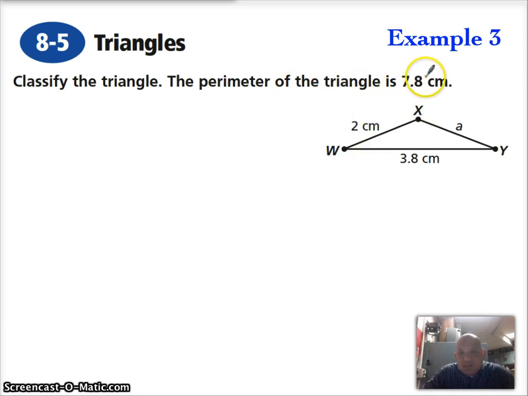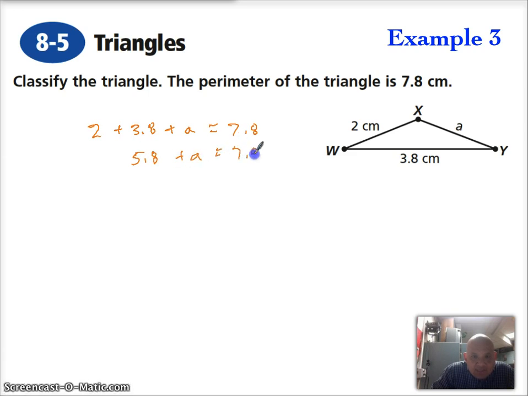Next, we're going to classify the triangle using the lengths. The perimeter of the triangle is 7 8/10 centimeters. We have 2 centimeters here, 3.8 centimeters here, and A here. So I know that the 2 centimeters plus the 3.8 plus the A gives me a perimeter of 7.8, or 7 8/10. Now I'm going to add these together. That's 5 8/10 plus A equals 7 8/10.